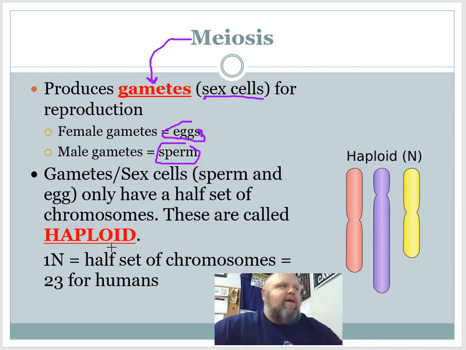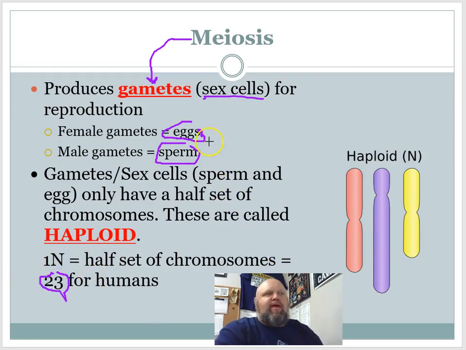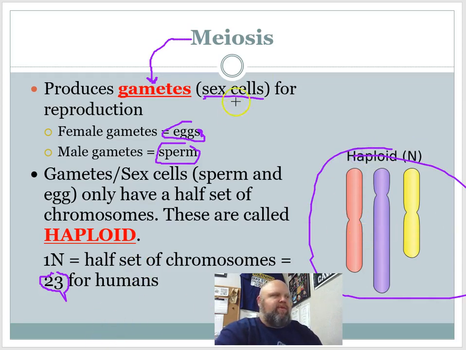Way too many. So those sex cells have to be cut in half, 23 in each, so that when the egg and sperm come together, you have that total set of 46. So you only have one set of each chromosome in your sex cells.